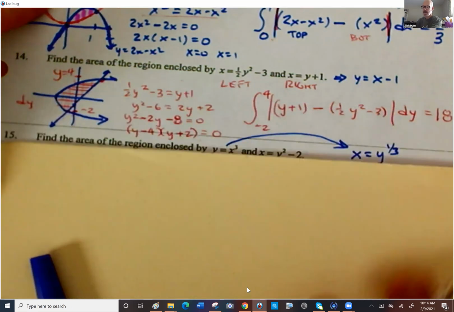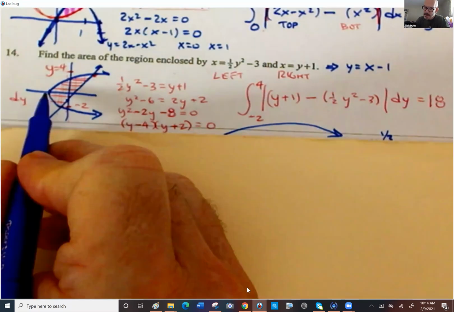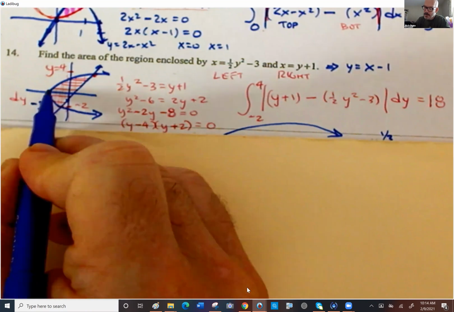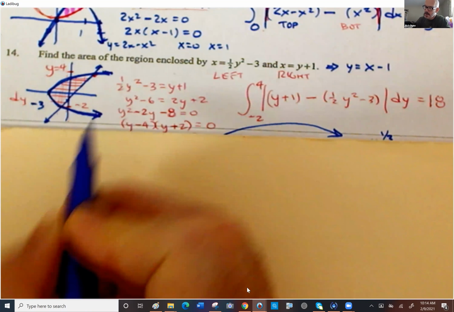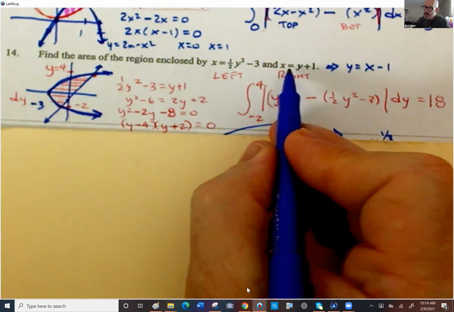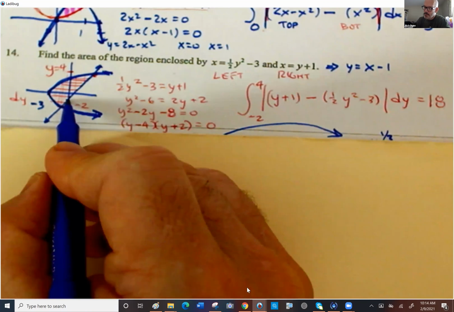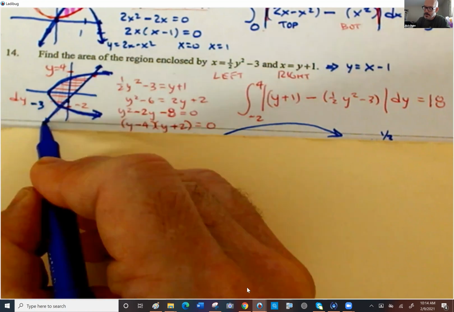So indeed, I've graphed those for you. You can see that the parabola is at x equals -3, and it's going to open to the right like this. And our second equation is the line with the y-intercept at -1 and a slope of 1, and I've drawn it like this. Okay.